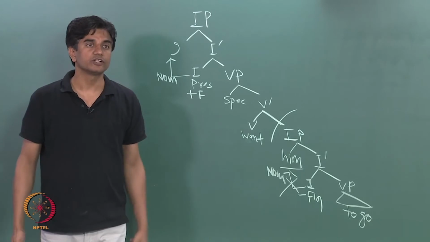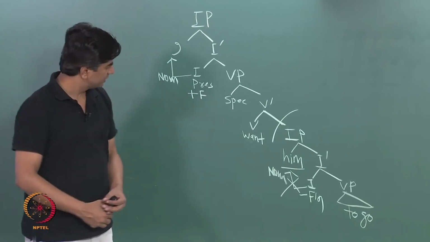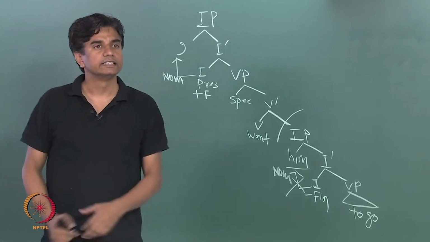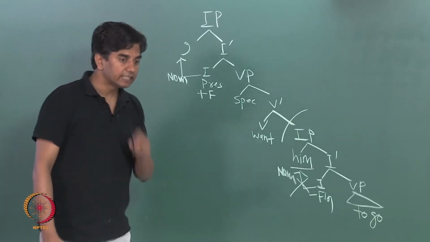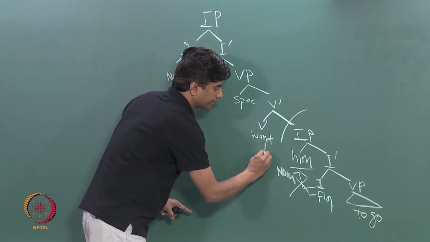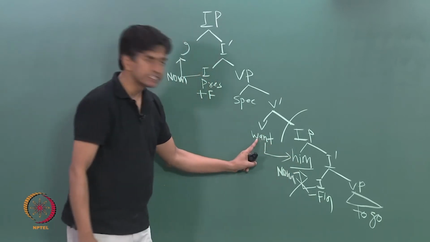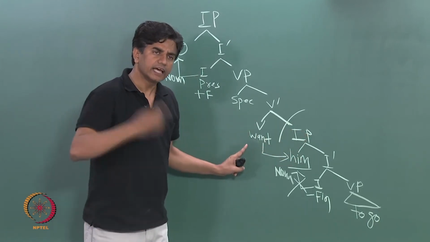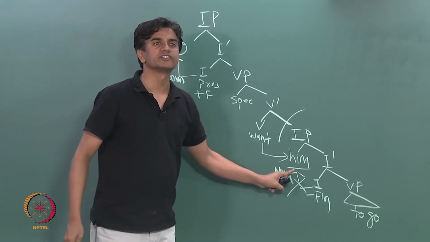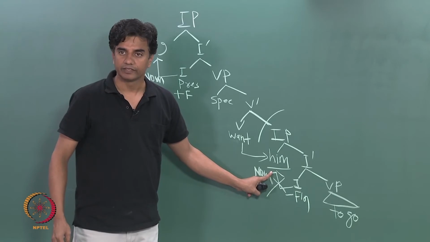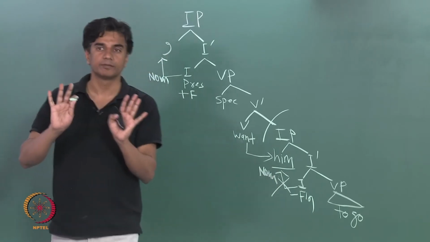Great. That looks okay. But if we say this assigns accusative case to the IP, right? Therefore, it assigns accusative case to the spec of IP also. Okay? This is the solution that has been proposed.